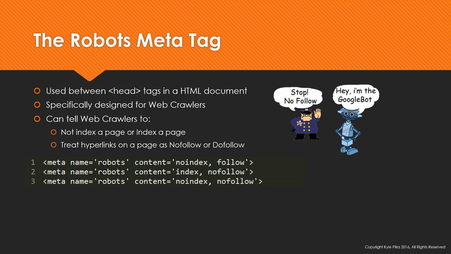And there are really 3 different options you can have here. But first, since this is metadata, it's got to be in the head tags of your HTML document. It's designed for web crawlers, to tell them whether the links on a page are noindex or nofollow, or index, follow, all that stuff.